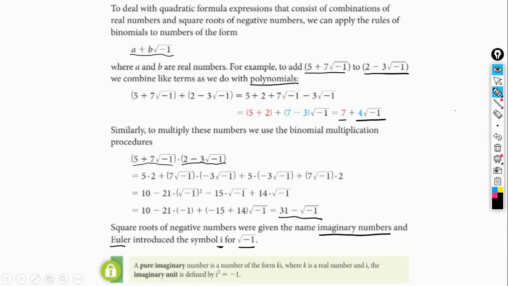A pure imaginary number is a number in the form k times i, where k is a real number and i, the imaginary unit, is defined by i squared equals negative 1. So from now on, instead of using the square root of negative 1, we are going to use the symbol i.